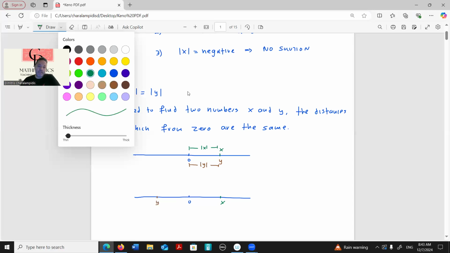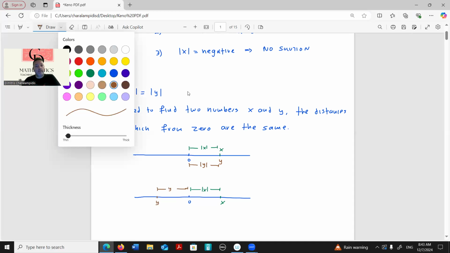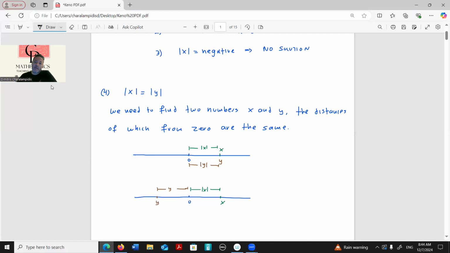So even in this case, that would stand for the absolute value of x, and that would stand for the absolute value of y. And if we want to sum up all this, we would have said that we have one first case where x and y are equal, and the second case where x and y are opposites.